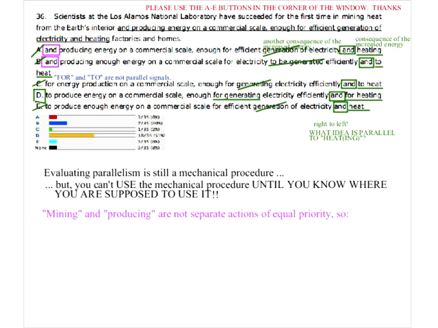So number one, we shouldn't connect them with and. And number two, they don't have to be parallel, and probably shouldn't. Instead, the relationship here is that this is the purpose of doing that.